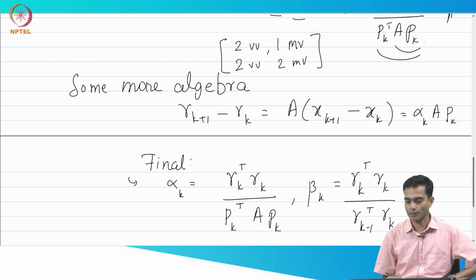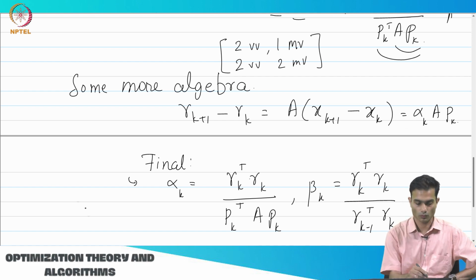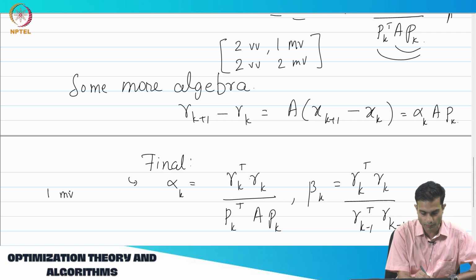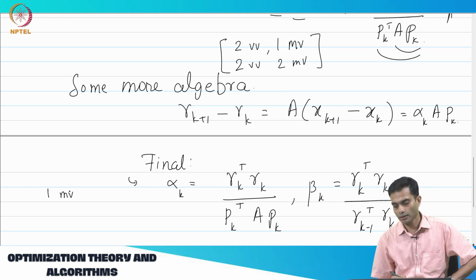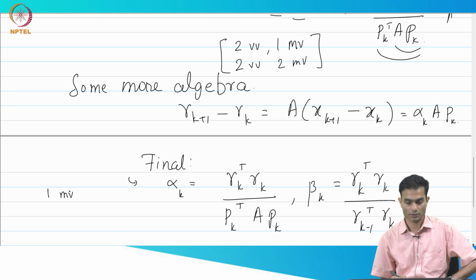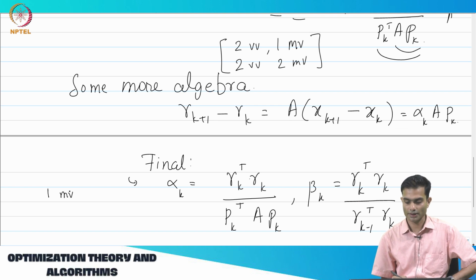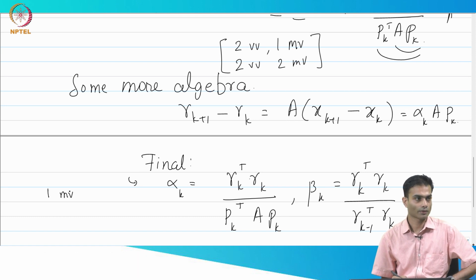How many matrix vector products do I need? Alright, so there's only one matrix vector product, and how many vector-vector products? Right, the numerator of alpha k and beta k are the same, so that's 1. Then I have in the denominator one more, right? Is there anything else?